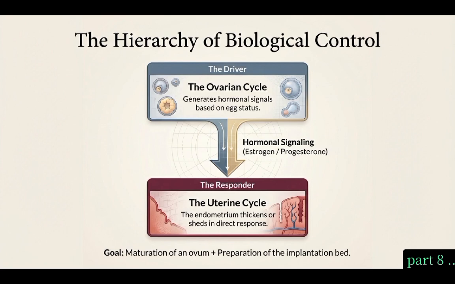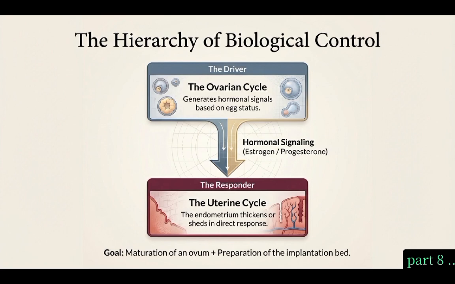This affects the amount of hormonal signals, the estrogen and progesterone, that will be released during the uterine cycle. And the uterine cycle depends on whether the endometrium thickens or sheds in direct response to the signals from the hormones. And what is sending these signals is the ovarian cycle.